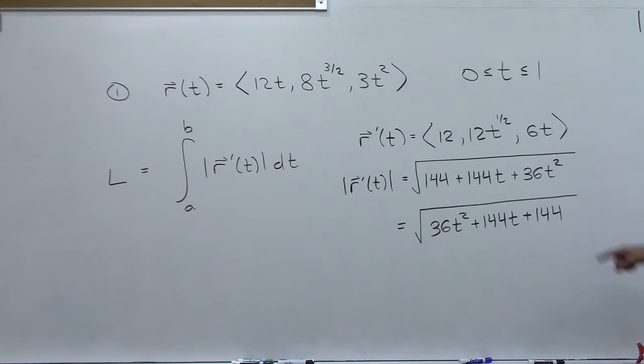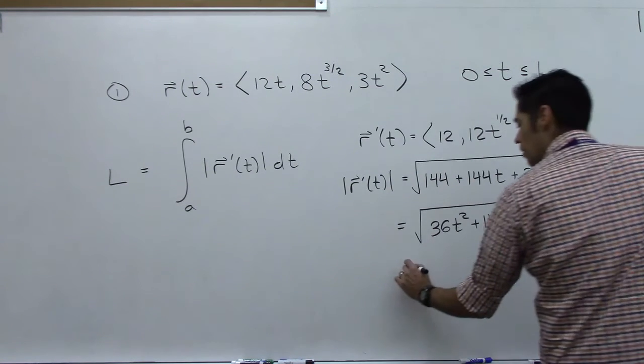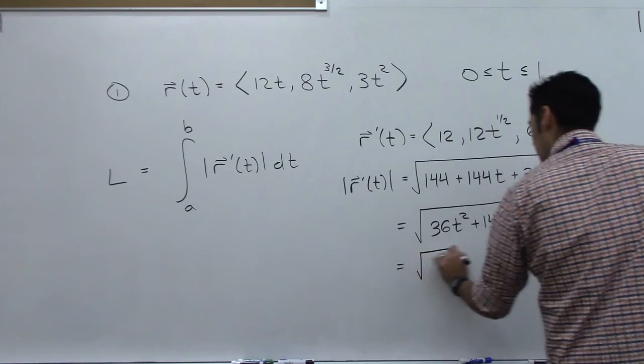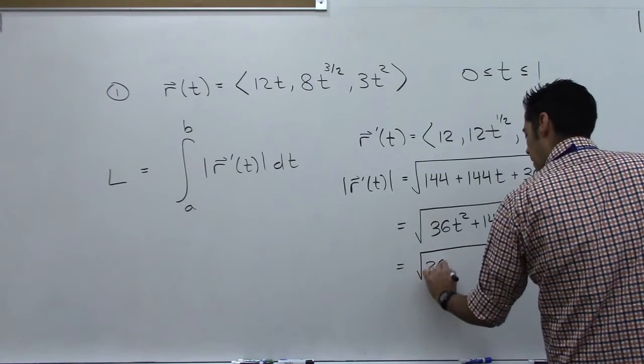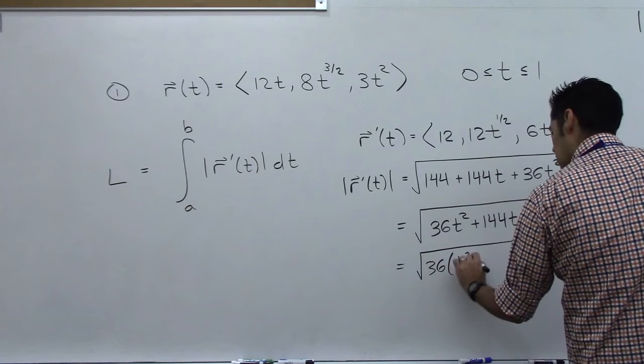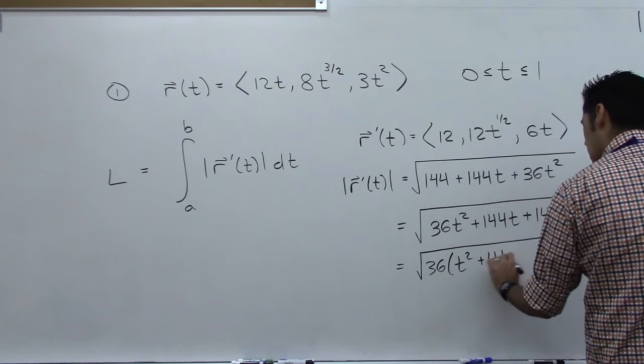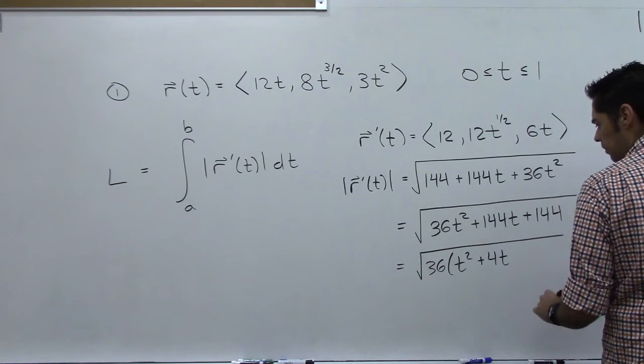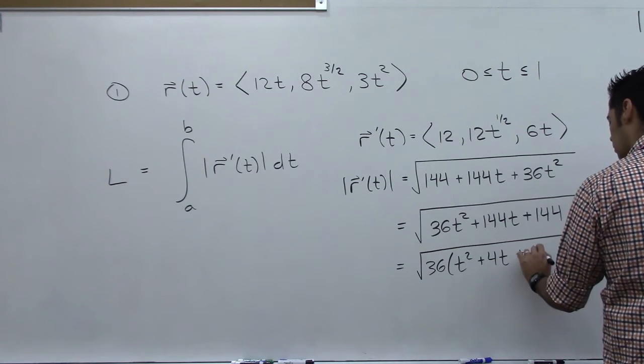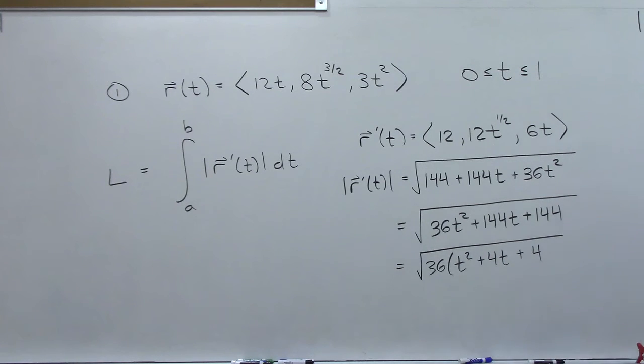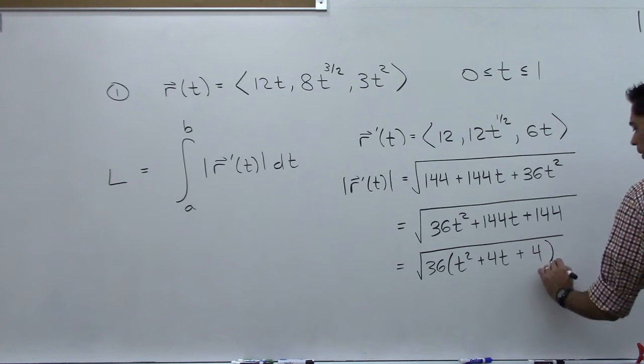So how many times is 36 going into this? What, 4 times? So if we pull out a 36, we get t squared plus 4t plus 4. Okay, plus 4.